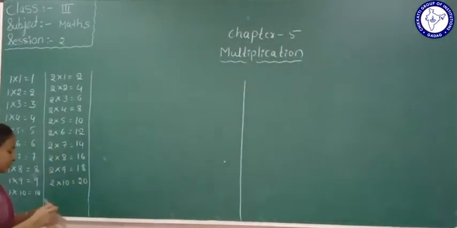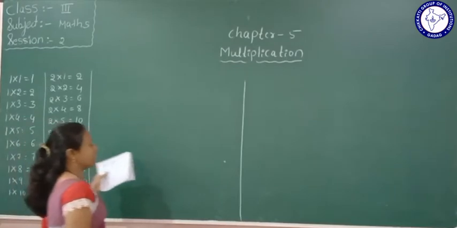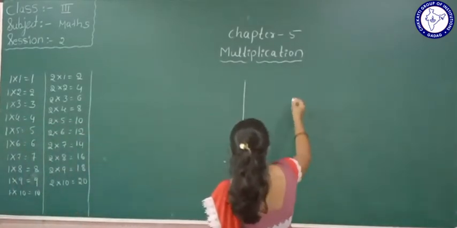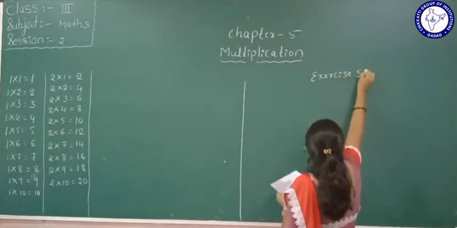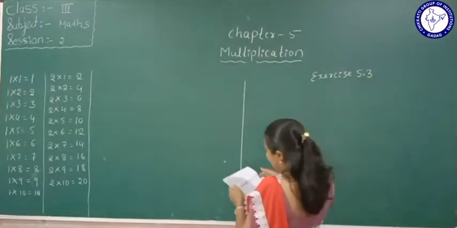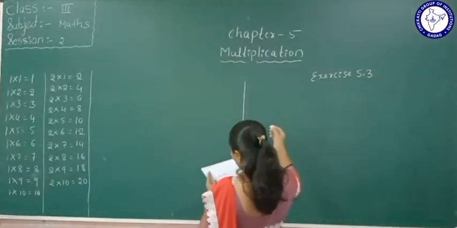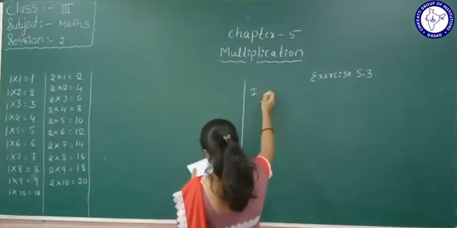Here, say students, on these tables, see the exercise 5.3. Okay. So they have given here the first question.